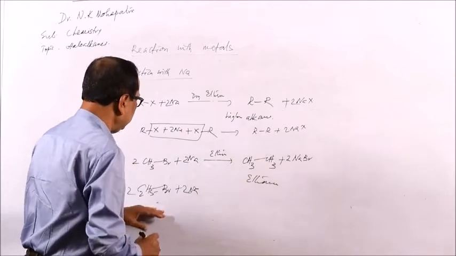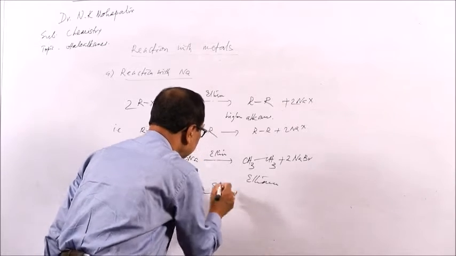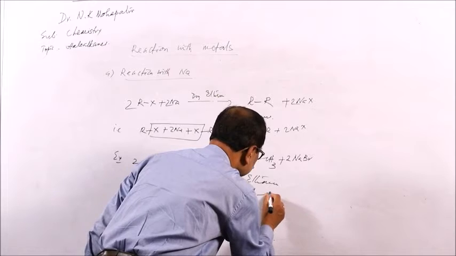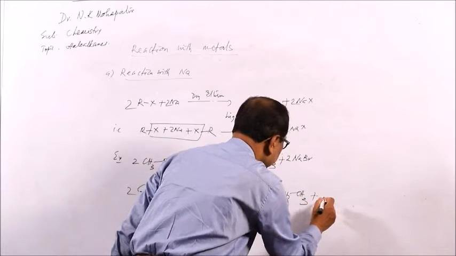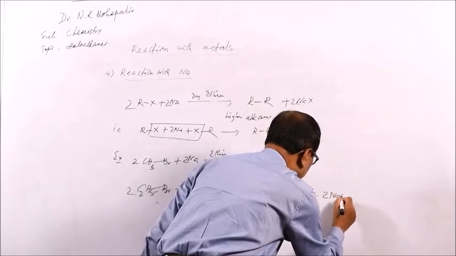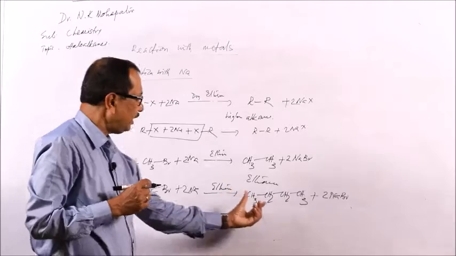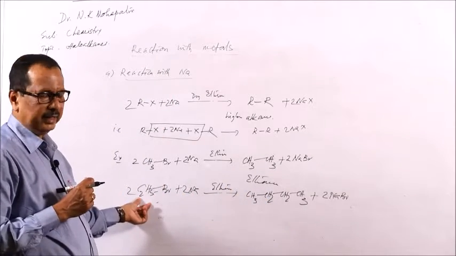2 molecules of this will condense in presence of dry ether to give you CH3CH2CH2CH3 plus 2NaBr. Now, you see, the alkane always has double the number of carbon atoms present in the alkyl halide.